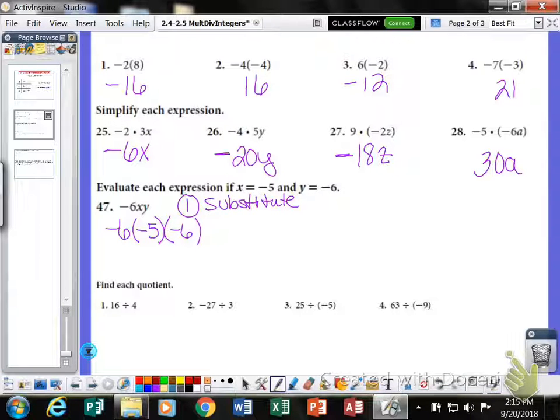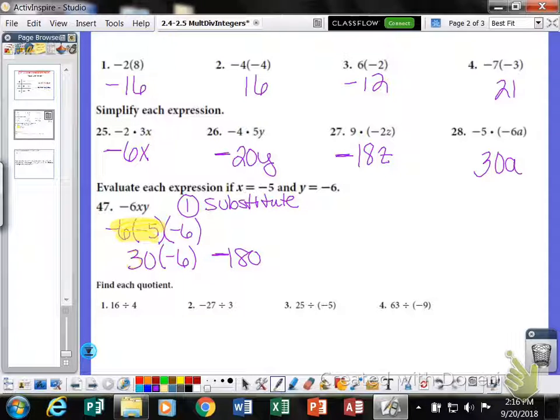Put them in parentheses and then do the order of operations. I'm going to multiply the first two together, -6 and -5, and I get positive 30, because I have two negatives. Times -6, I get 180. And because of this -6 being negative, my final answer is -180.